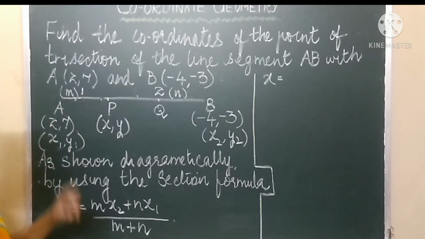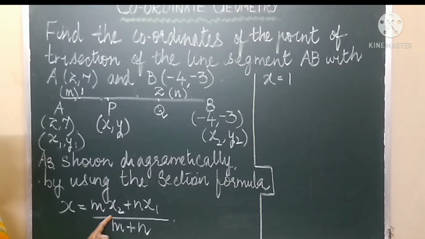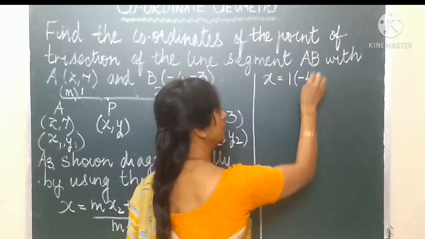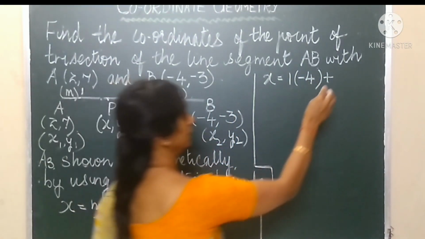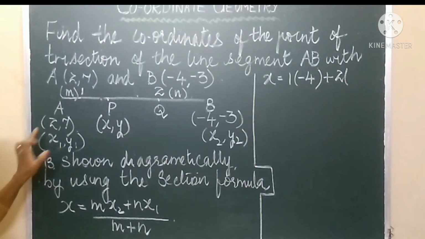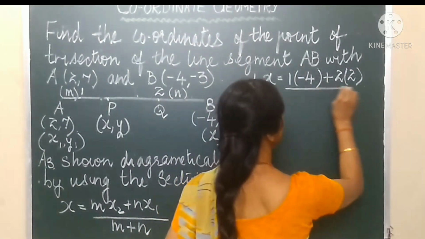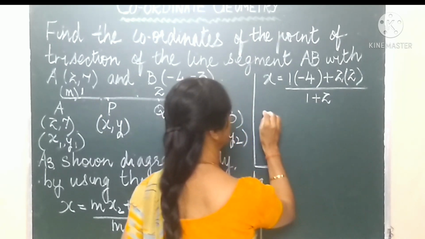So what is m? 1. m x2, the value of x2 is minus 4. Let's put it in the bracket. So m x2 plus n into x1, that is substituted with the value 2, upon m plus n, that is 1 plus 2.